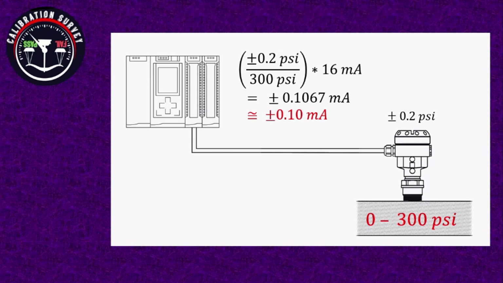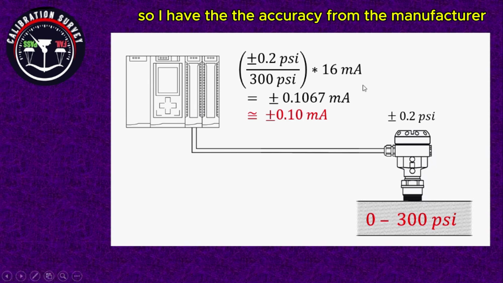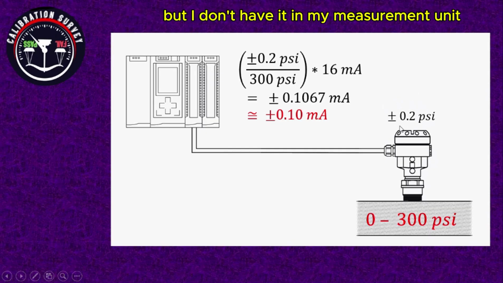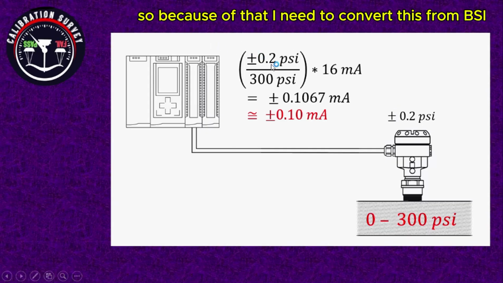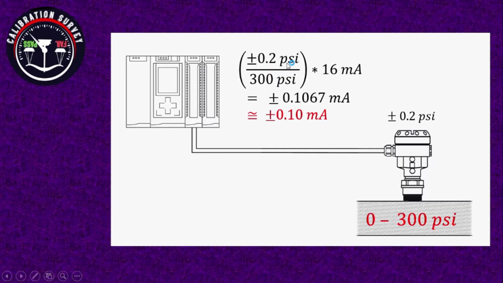So I have the accuracy from the manufacturer, but I don't have it in my measurement unit. Because of that, I need to convert this from psi to the measurement unit that I will use.